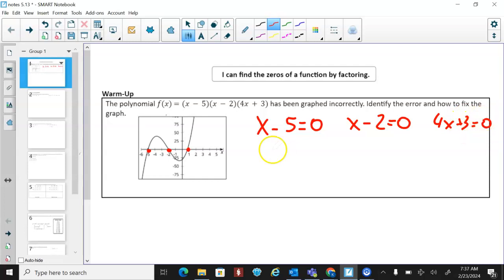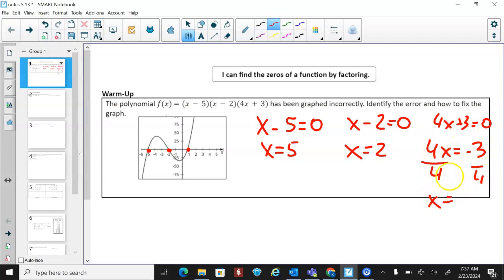So let's see. If I set this equal to 0, x will equal 5. The signs will not change. X will equal 2. And then 4x will equal negative 3, divided by 4, so x will equal negative 3 over 4. Again, this is a negative 5 here, this is a negative 2, and this is a positive 3 over 4. So the signs were not changed.